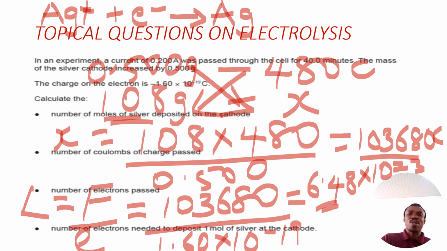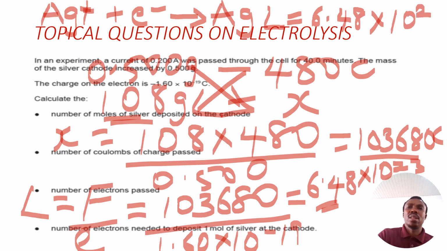So the Avogadro's constant, which is L, that is the number of electrons, is 6.48 times 10 raised to the power 23, which is close to the Avogadro's constant. So this is the number of electrons needed for 1 mole of silver to be discharged at the cathode.